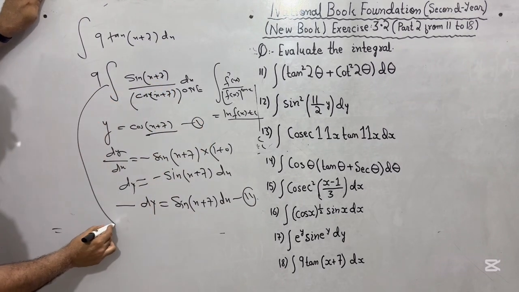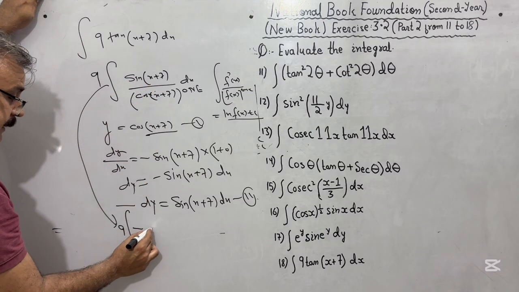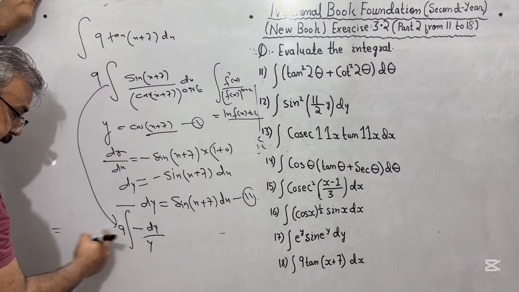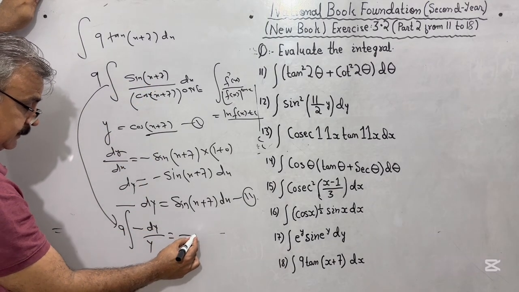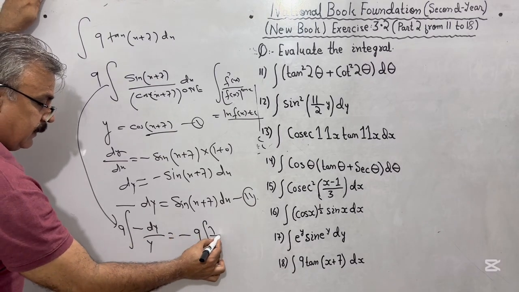Both put here. So we have some sort of situation like 9 outside. It is our minus dy over y, right? Minus outside, minus 9 times 1 over y dy.